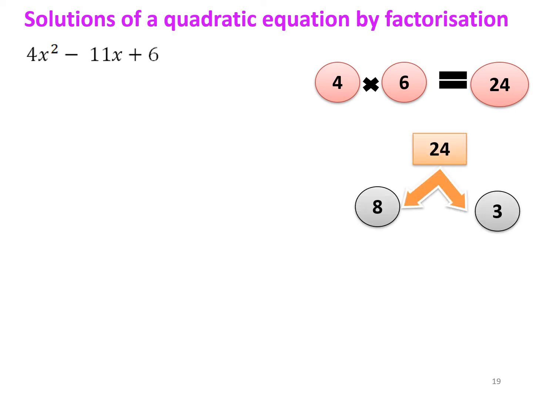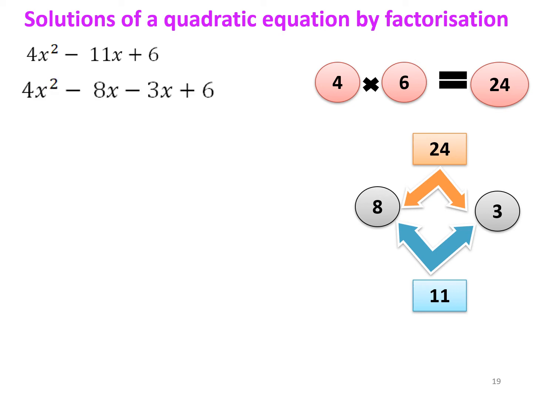11. So 8 into 3, when you multiply, we get 24, and when we add 8 and 3, the sum is equal to 11. Now we will write the next step. 4x square minus 8x minus 3x plus 6. 4x square minus 8x are grouped together, minus 3x plus 6 is grouped together. 4x square minus 8x, the common term is 4x.